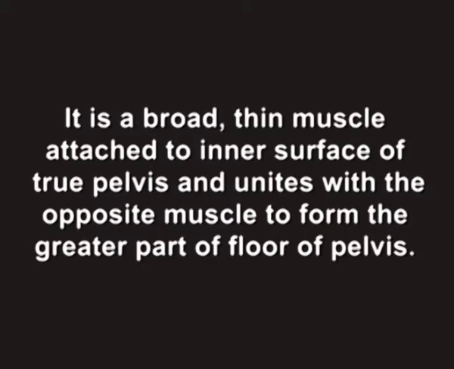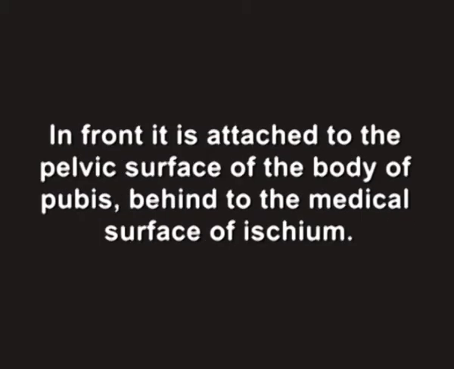Levator ani. It is a broad, thin muscle attached to inner surface of true pelvis and unites with the opposite muscle to form the greater part of floor of pelvis. In front, it is attached to the pelvic surface of the body of pubis. Behind, to the medial surface of ischium.